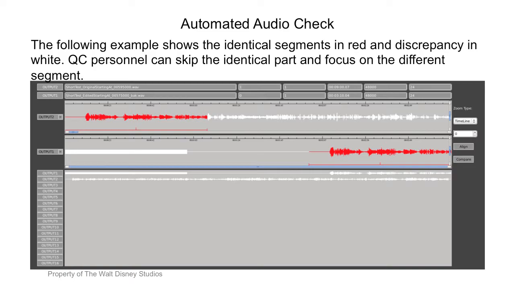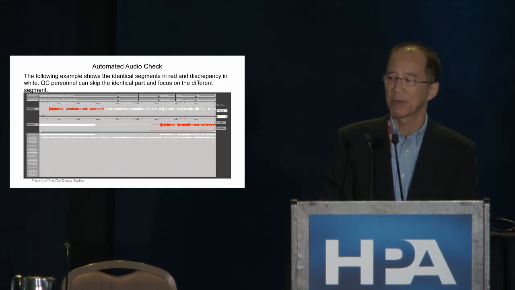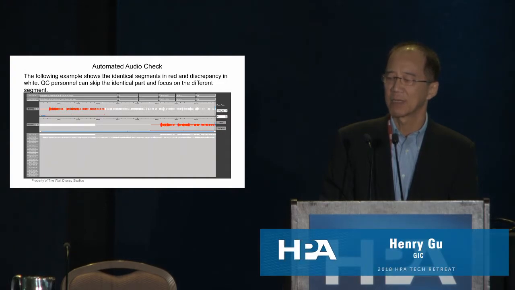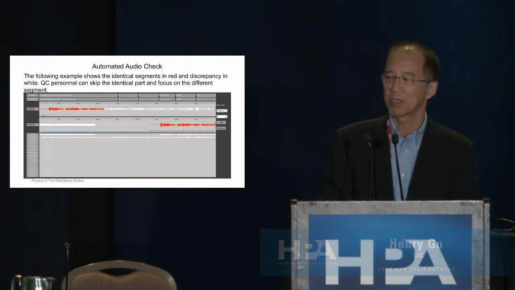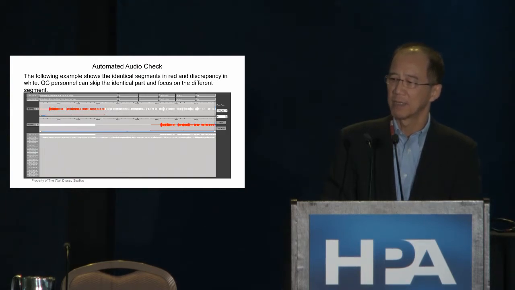In this case, you can see that at the beginning there is a tone, a sine wave, and a silence afterwards. So the QC person looks at it and says, yeah, that's intended. If you see other abnormality, it will show that there's a corruption or drop or something happened as well. Okay. So that's my brief step through.